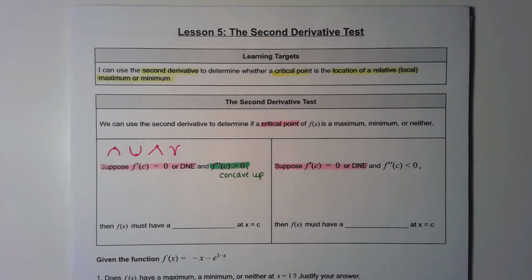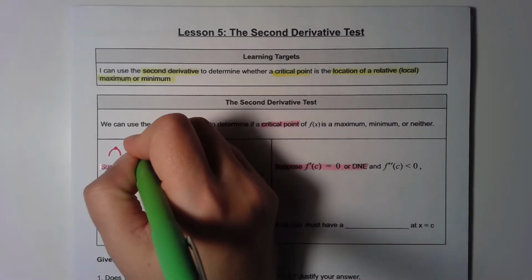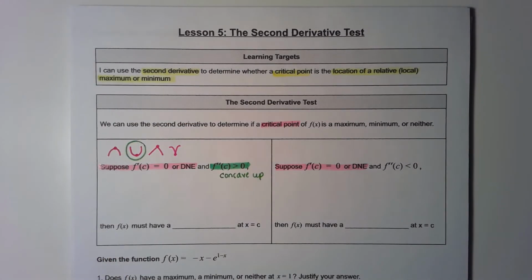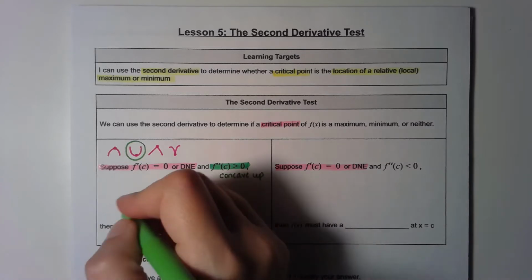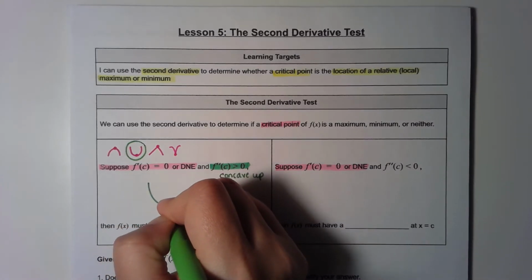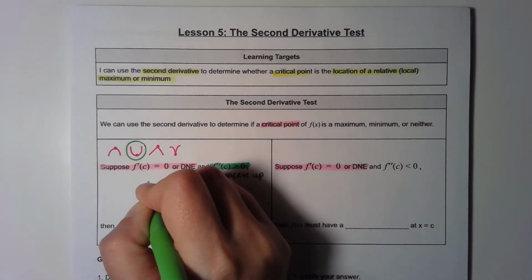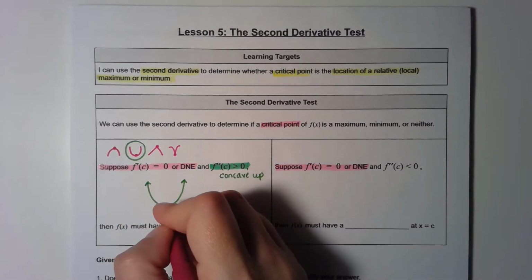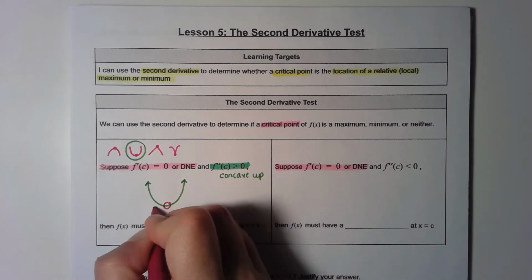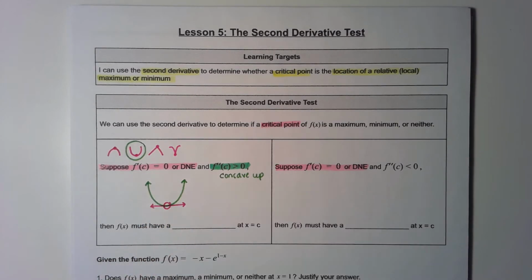Well, the only one of these pictures where the function is concave up and the first derivative is 0 or does not exist would be this one. So by knowing that the first derivative is 0 or does not exist and the second derivative is greater than 0, we know for sure that we have a picture that looks like this, and we specifically located this spot on that graph where there's like a horizontal tangent line, for example, and that's going to be a minimum.